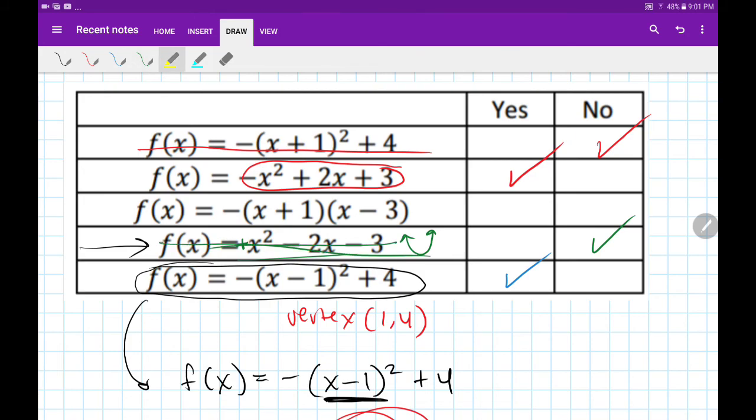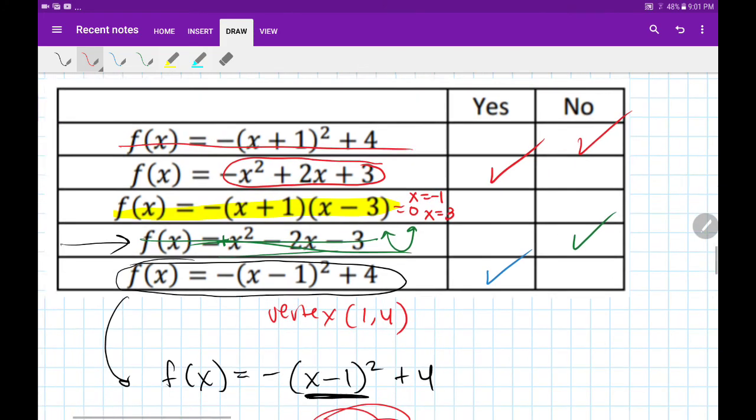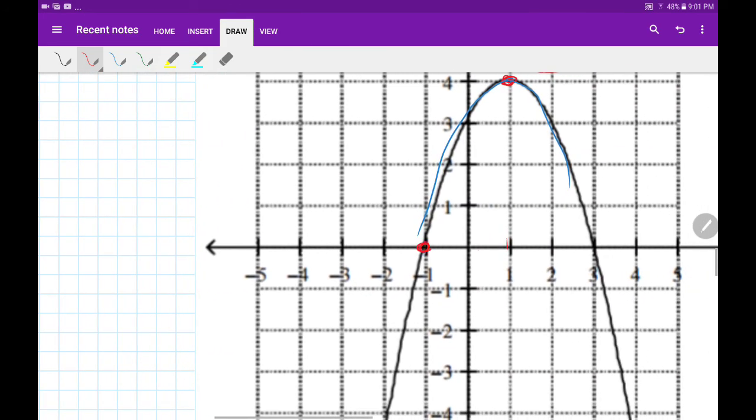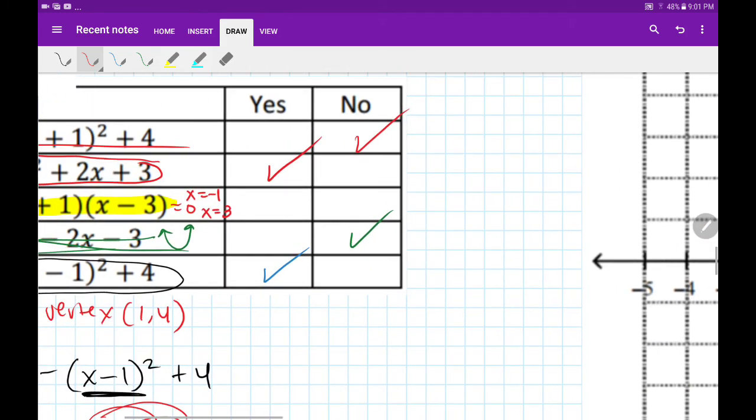Okay, finally, let's look at this intercepts form. According to this one, if we had set it equal to 0, our x-intercepts are at x equals, we'll flip this, negative 1, and at x equals positive 3. Let's see if that matches what we have. Negative 1 and positive 3. So it looks good.